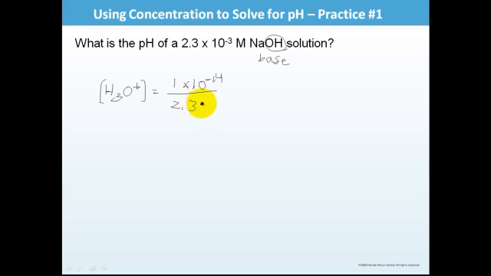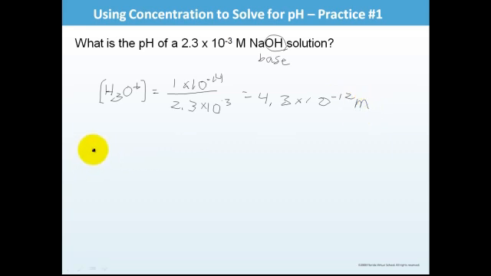So we're going to divide it by the 2.3 times 10 to the negative 3 to get our hydronium ions. Okay, and that gives us 4.3 times 10 to the negative 12 molar.